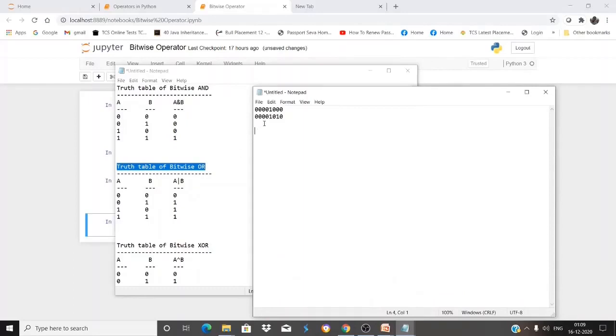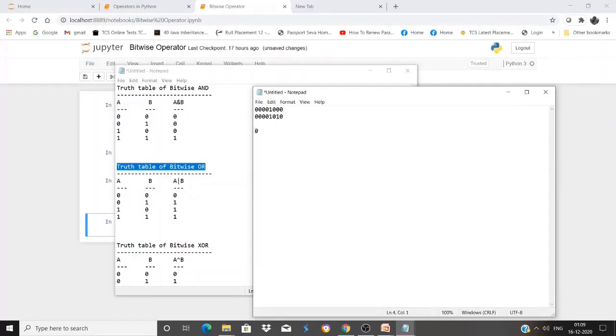So we can see that the rightmost bits are 0 and 0. So what we have said, that the output bit will be 0 only when both the bits are 0. So for the rightmost bit, the output bit will be 0 as both the input bits are 0. Then we have got 1 and 0.